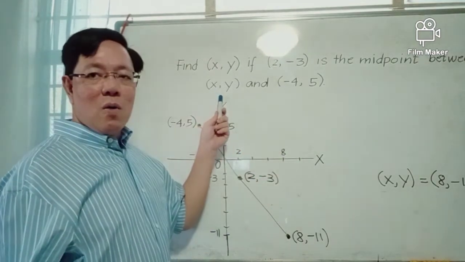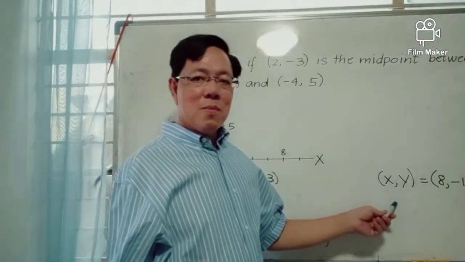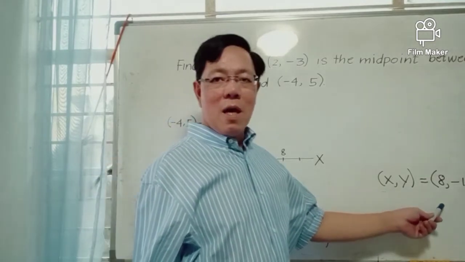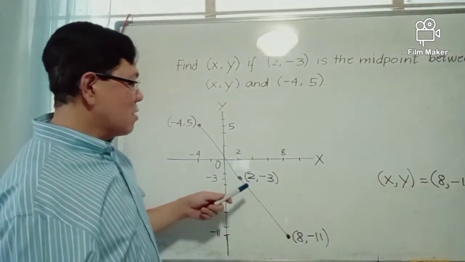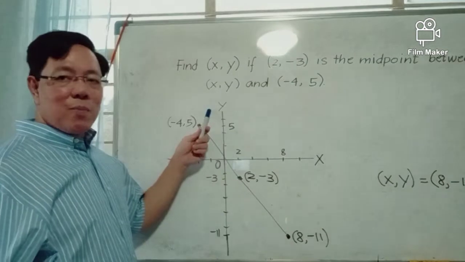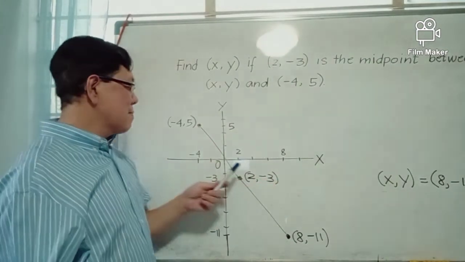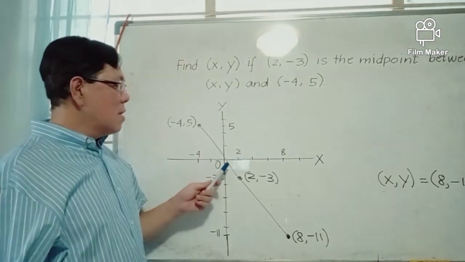We have found the coordinates of one of the endpoints xy, and we have shown that the point xy has coordinates 8, negative 11. We construct that point in the Cartesian plane where we write y in the vertical axis and x in the horizontal axis, and we write the origin at the intersection of the two axes.